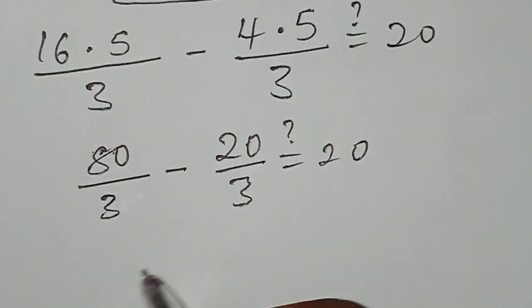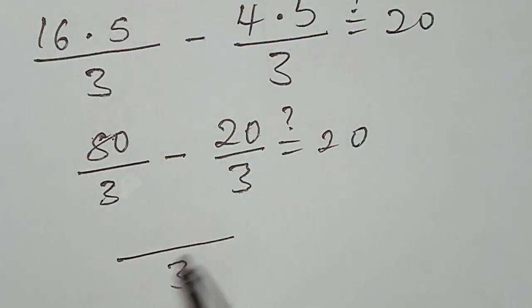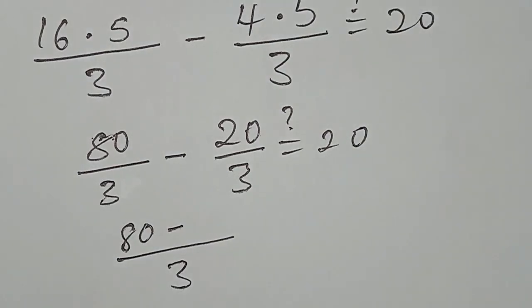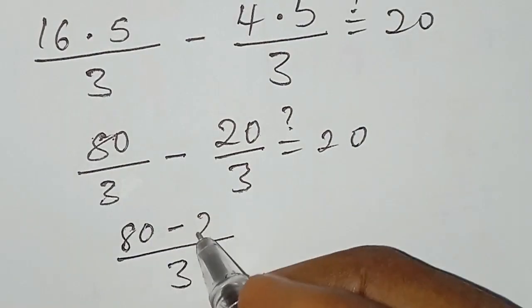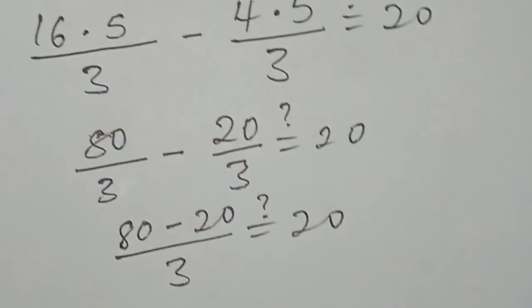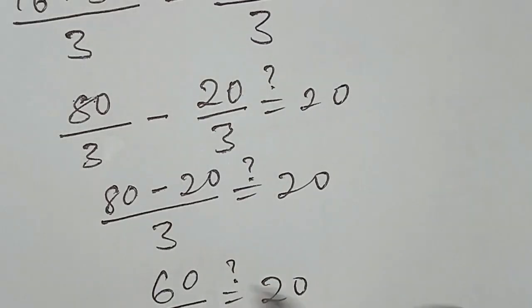So we can simplify this as everything over 3. Then this will give us 80 minus 20. Will that be equal to 20? So 80 minus 20 will give us 60, then divided by 3, will that be equal to 20?